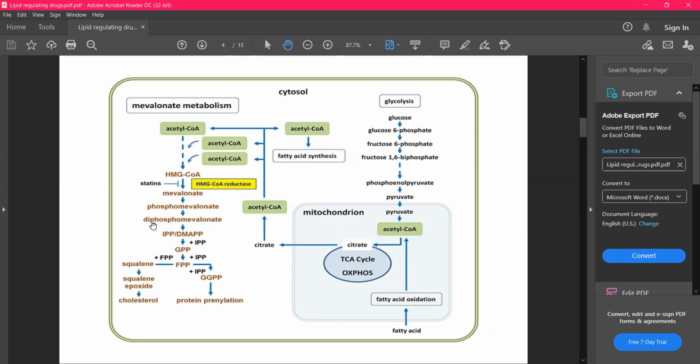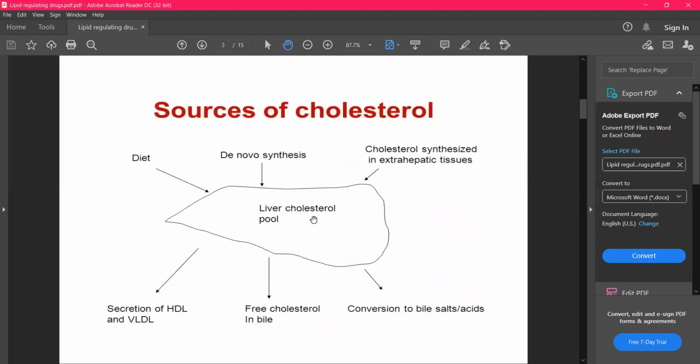Now just remember this. If cholesterol synthesis is reduced here, the de novo synthesis is being reduced by statins. Why? The HMG-CoA reductase enzyme is competitively inhibited. So what this mechanism does is try to compensate for the reduction by allowing more and more LDL uptake, or they try to take up cholesterol from the periphery.